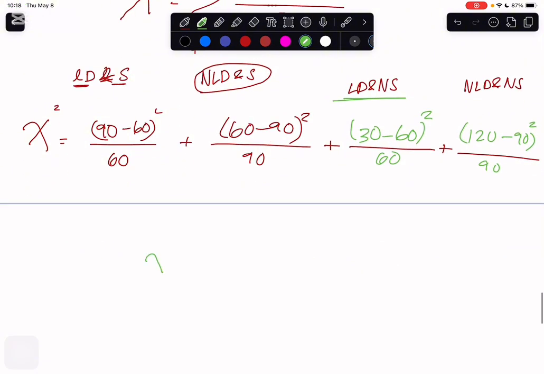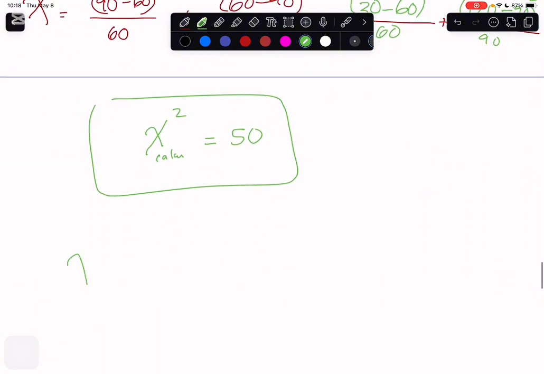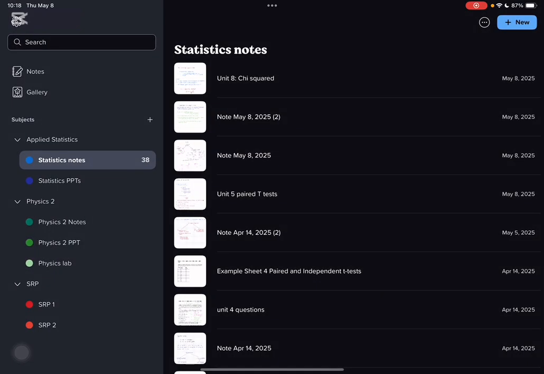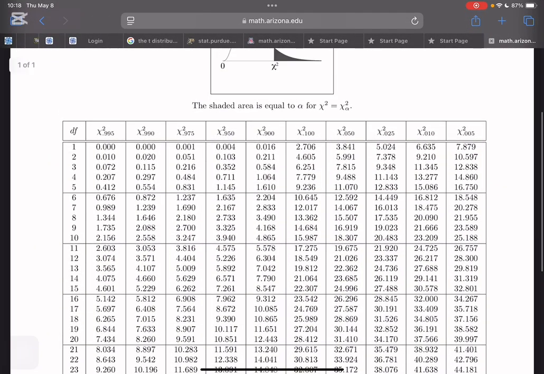The bottom line is that the chi-squared which we calculated is equal to 50. We got this value. Now what do I do with this value? I'm going to compare it to the chi-squared from the table. Of course there's a table for everything. Look at this table. On the x-axis you can see the significance level.